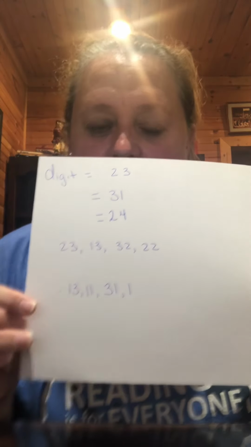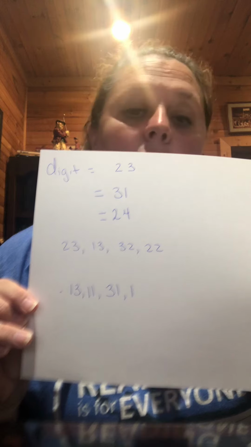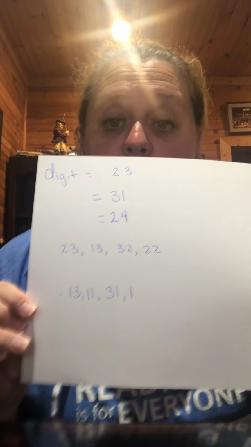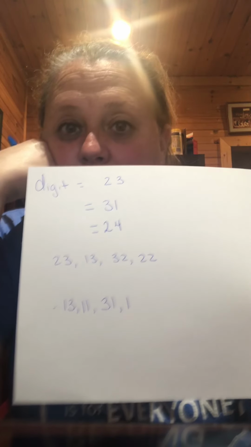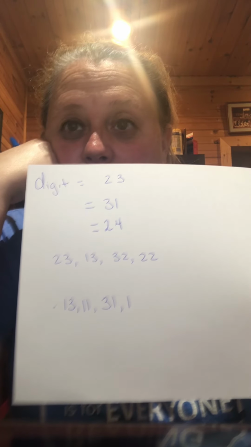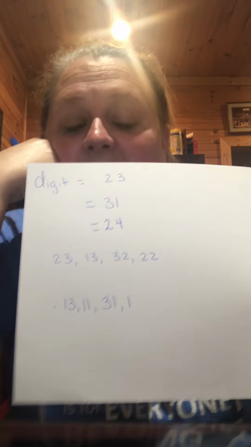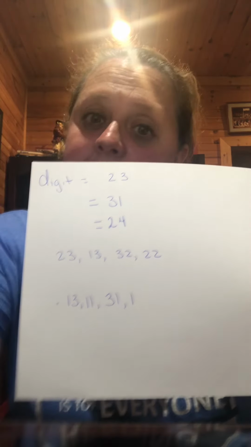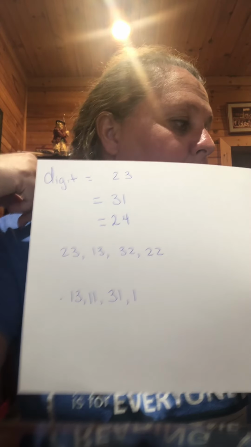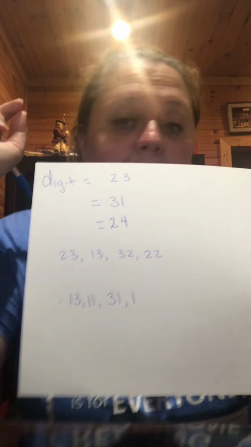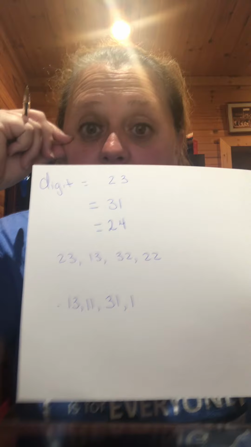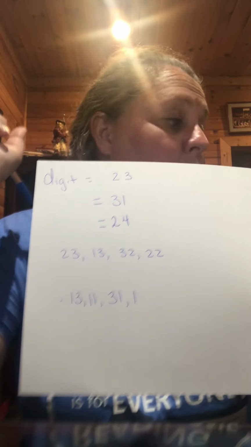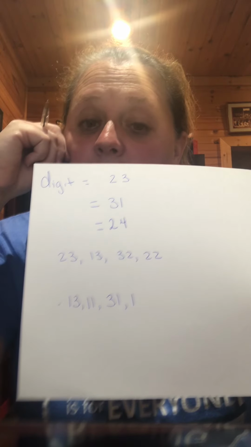How could you use the words greater than or less than to compare 31 and 13? 31 is greater than 13, right? Or you could say 13 is less than 31. Let's do another one. Which number has the same digit in the tens place? Right, 11 and 13. Which one has the same digit in the ones place?